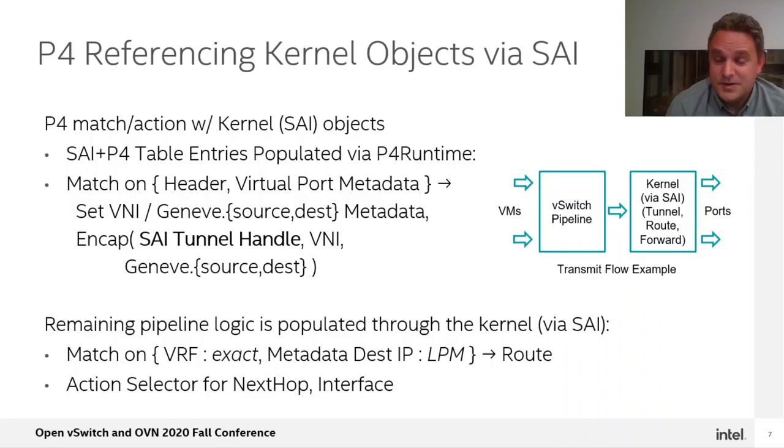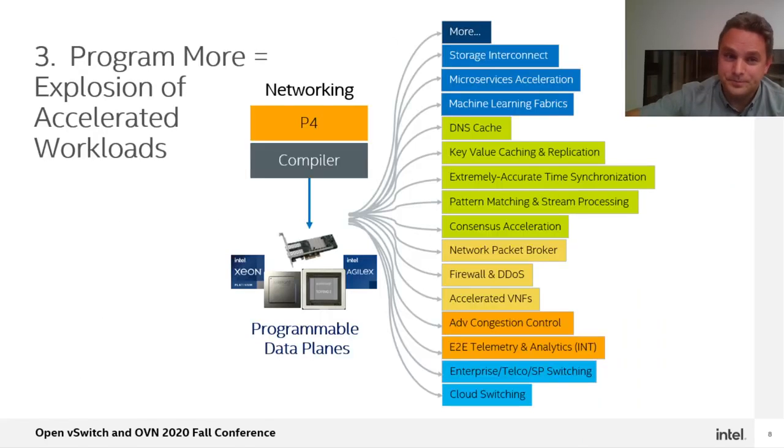So this allows you to take your pipeline you have in your vSwitch and leverage all the same things that were in the kernel and be able to reference those in P4. So that is how you're getting the whole pipeline in that P4 description, and taking the bits and pieces that are happening in the kernel and specifying them explicitly in that description.